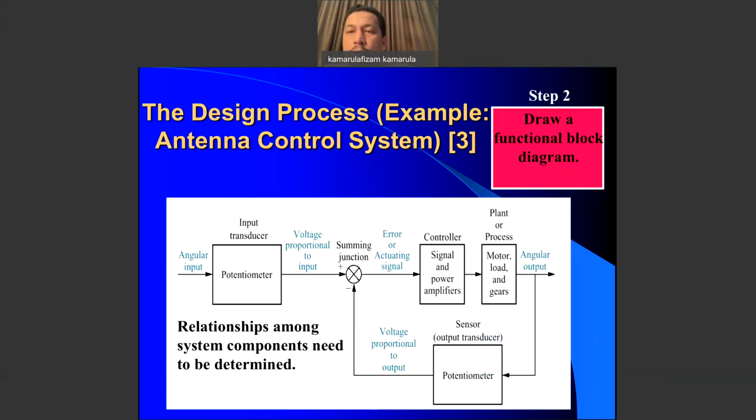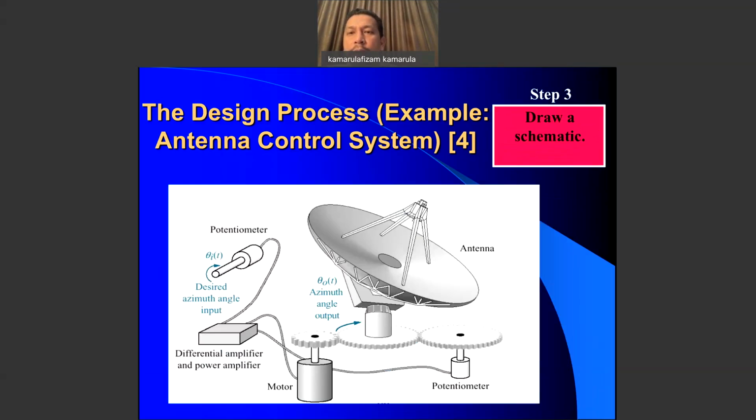So you will have potentiometer feedback to the summing junction, and from here you have the controller and many other things before you can get the correct angle. This is the basic functional block diagram, and then this is the proper schematic.